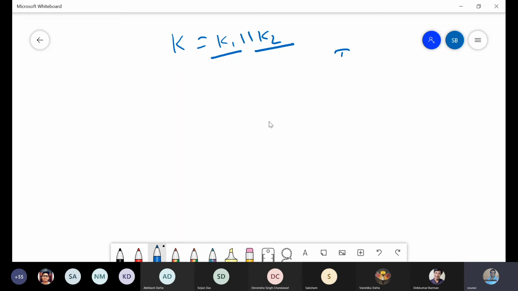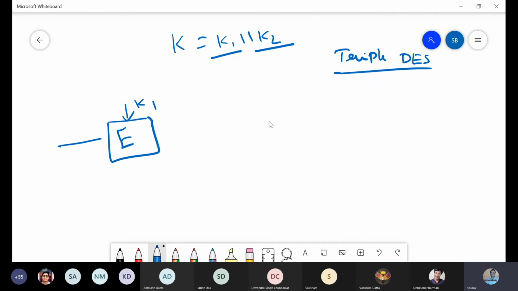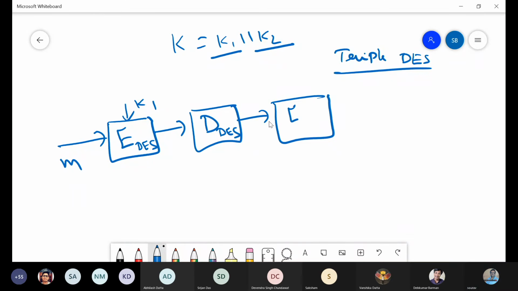Okay, so what is the encryption for triple DES? We apply DES 3 times. First we apply DES encryption with the key K1 on our plaintext, followed by DES decryption. Because we already have the function, we can just use DES again.